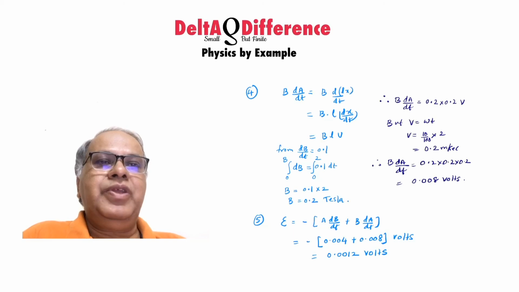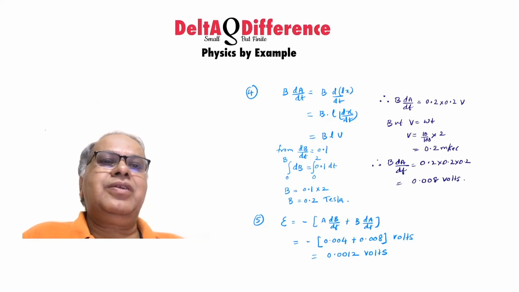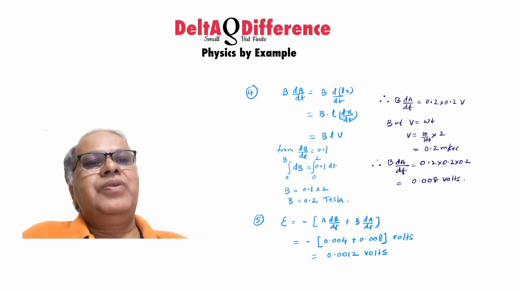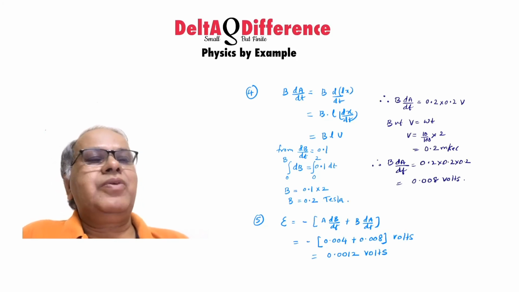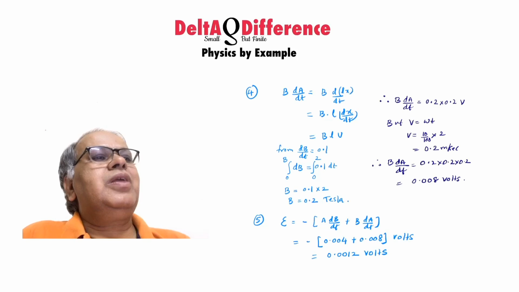When a rod is moving across a magnetic field, we were told that the motional EMF induced between the ends of the rod is BLV. That's what is coming here when we do B dA by dt. Just to make a note of it, we'll be talking about it again. Now L we know, 20. Neither V we know nor B at this moment we know.